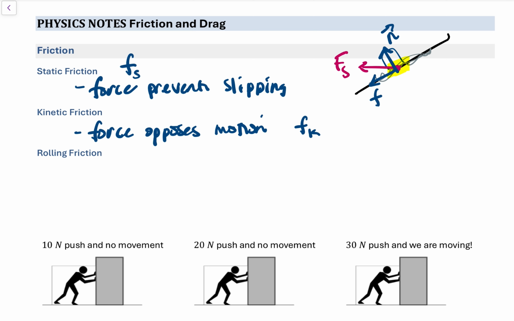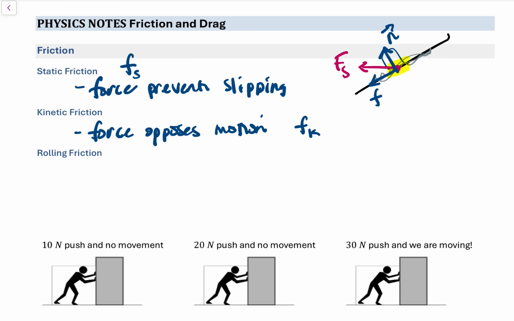We're also going to have rolling friction, which is separate from kinetic. If you think about anything with wheels, the wheels are spinning and rolling on the surface, and that's different from sliding on the surface. You can have wheels that would slide on the surface. For example, if you slam on your brakes, lock up the wheels, and skid, that would be kinetic friction because the wheels would be sliding.